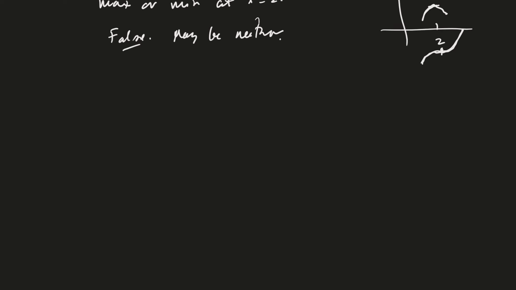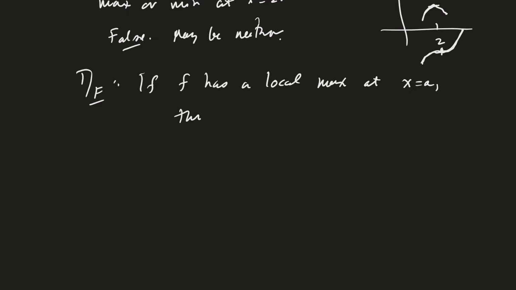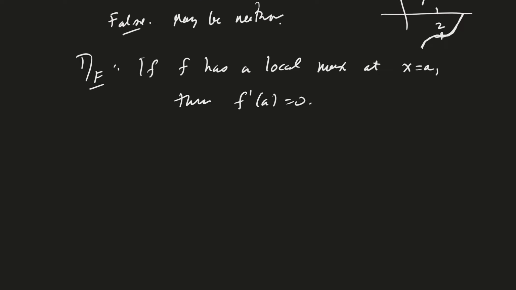On the other hand, maybe we'll try one more. True or false? If f has a local max at x equals a, then f prime of a equals 0. Is that true? In fact, it is true.